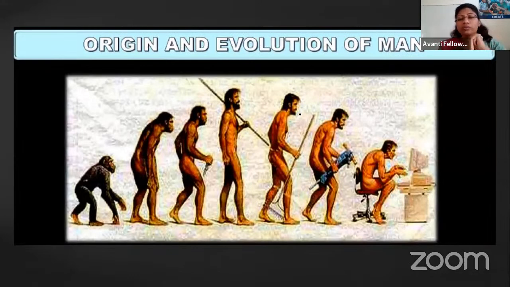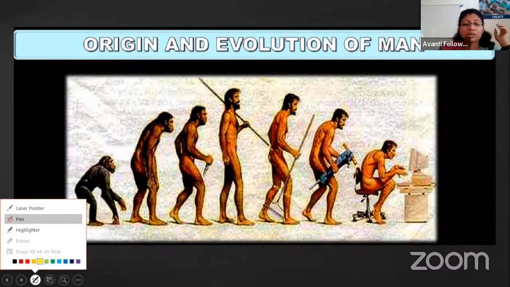Okay, so today we are going to start with the origin and evolution of human. यानी हम इस बार अपने बारे में पढ़ने वाले, right? So as you can see here, this is how we evolved. Initially we were an ape. धीरे धीरे हमारा posture सही होना शुरू हुआ. Slowly we got a good posture, and then finally we are moving back again to the same posture from where we started, right?